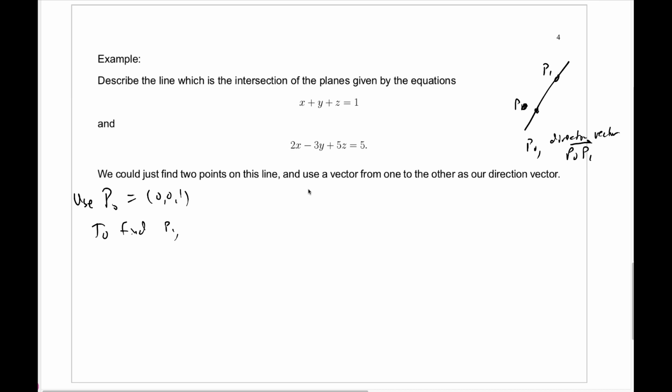I might try using y equals 0, but we already know that that would give me P0 again. So let me just try to let z be 0.